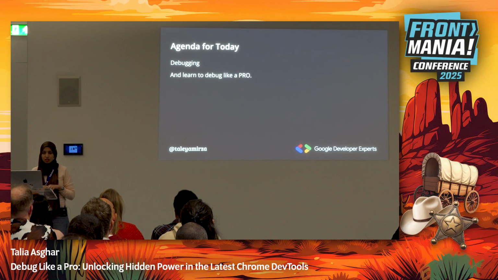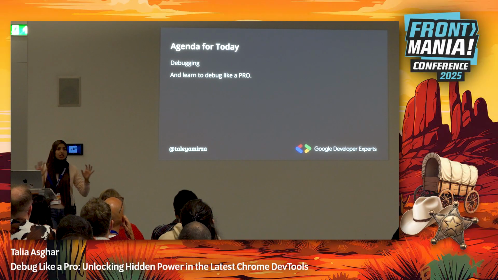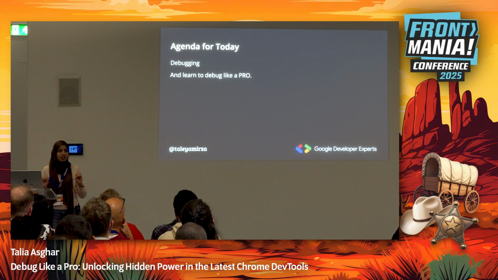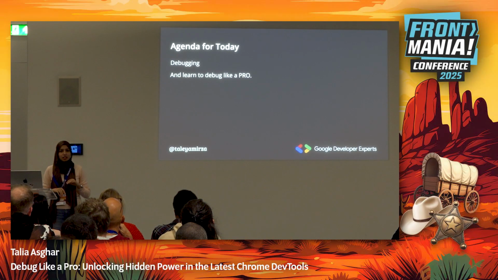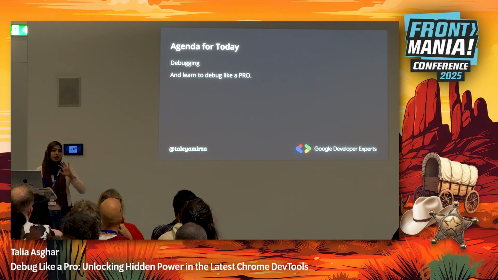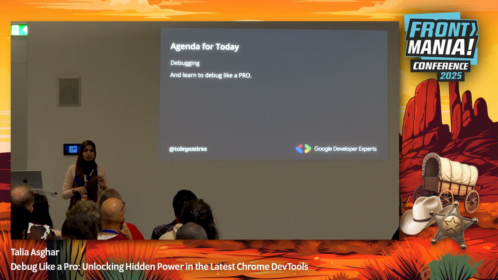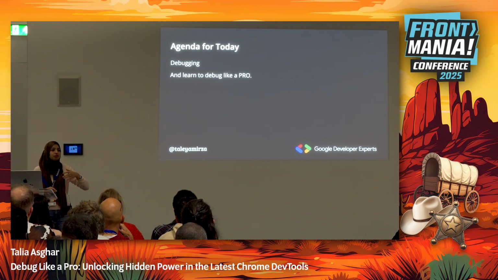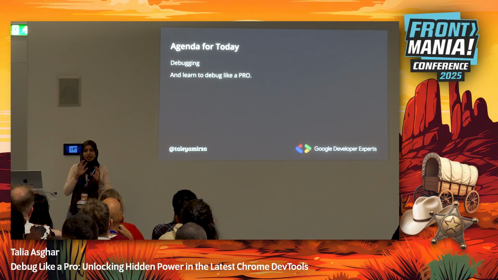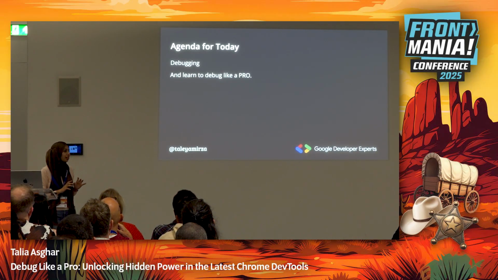So, what do you think? How much percentage of the daily work goes into debugging? You can say 1 to 5, and 5 is like 8 hours. How much of your time is spent in debugging?